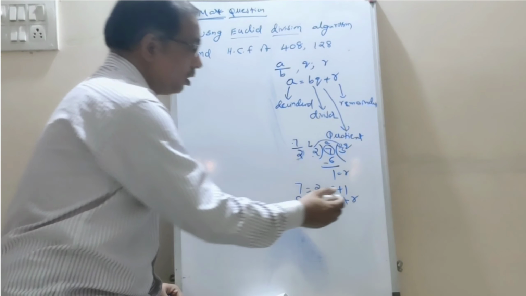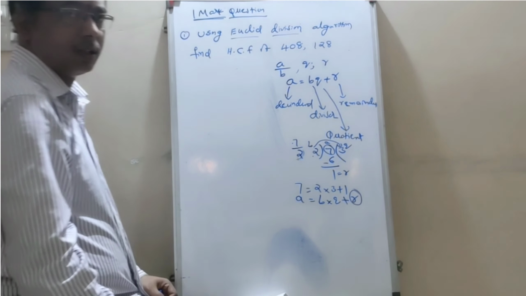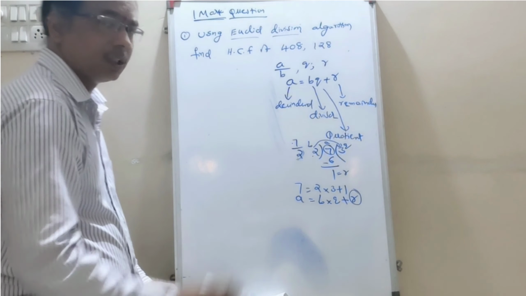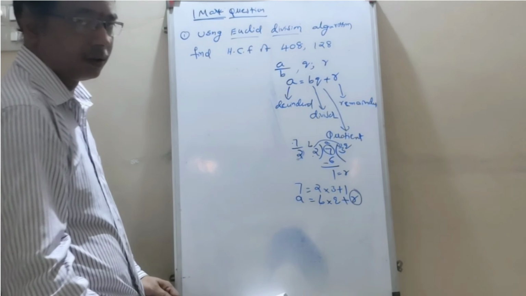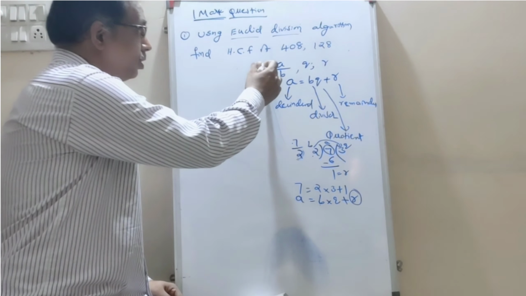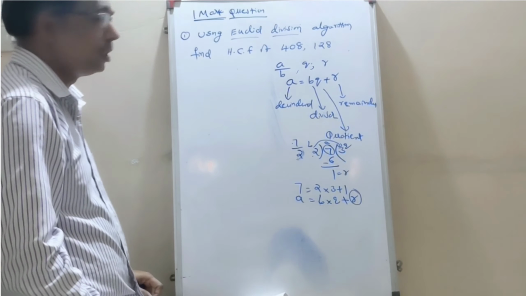Whenever you get the R as 0, then we can say B is the factor of A. So by using this type of equation, we have to find the HCF.